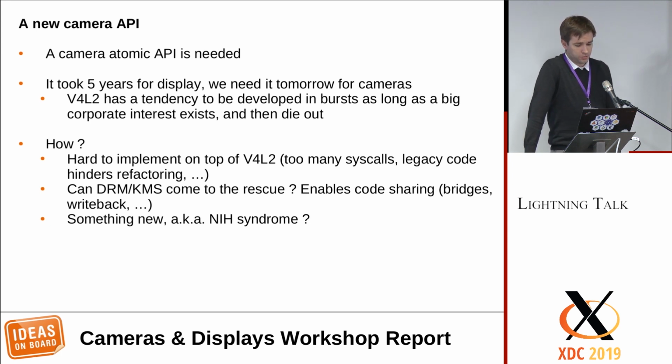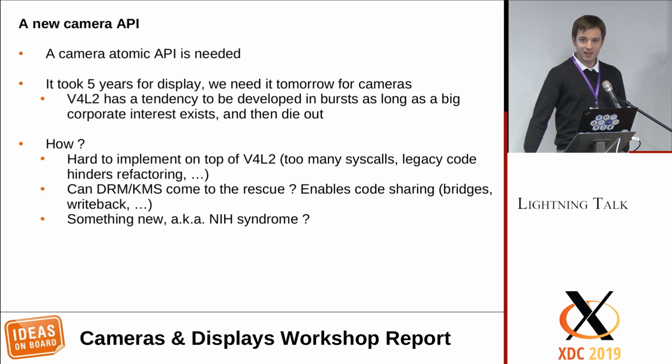Could DRM KMS come to the rescue? Some people have mentioned that we could have a camera API inside DRM and KMS. That would be nice to share code for write-back bridges and other components. There are drawbacks too. Do we need something new? Are we suffering from the not invented here syndrome?